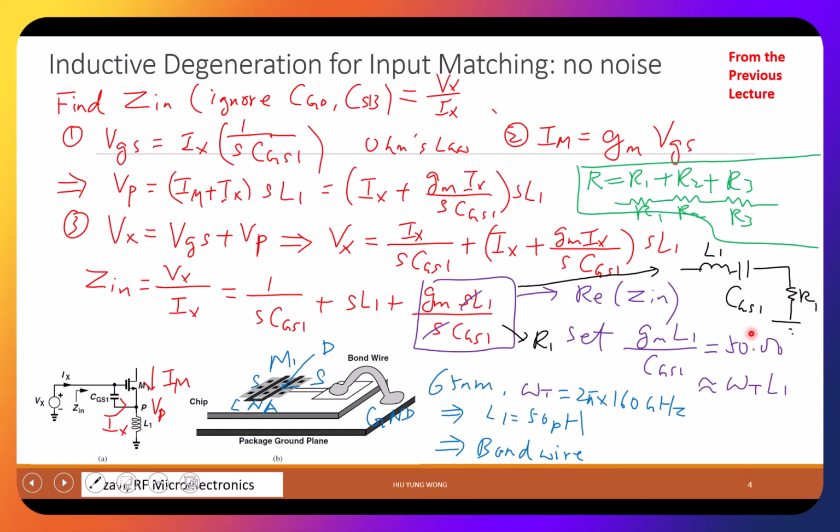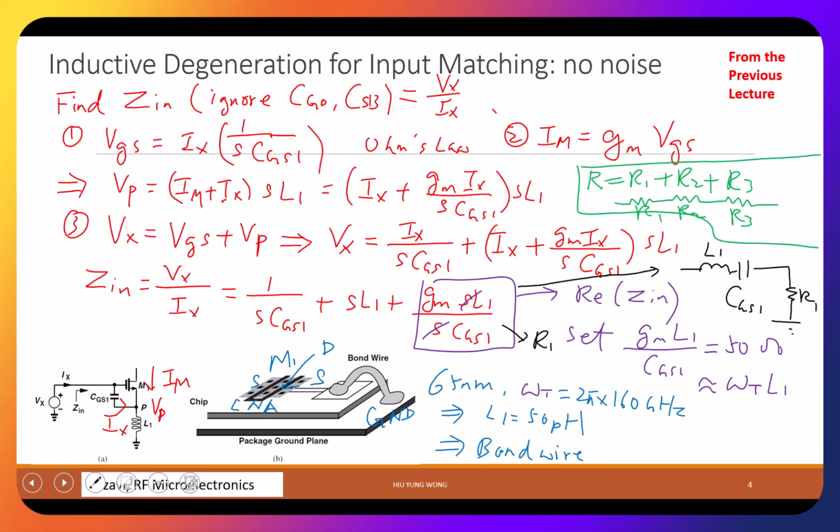And we said that if you do some calculation, you find that you need a very small inductor L1, because now you're relying on gm L1 divided by Cgs1 to decide the impedance, right? And what is gm divided by Cgs1? The transit frequency, right?